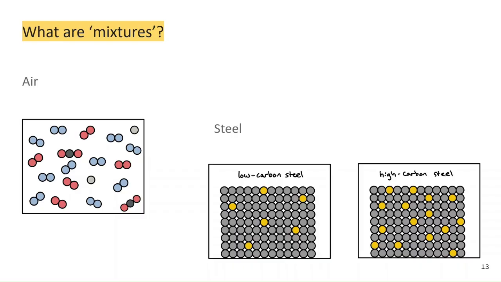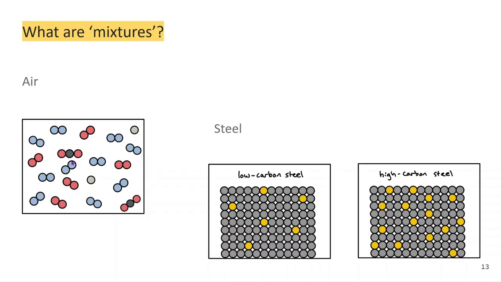So they both contain a number of elements, right? Each color is an element, right? Air has these different compounds, whereas steel has these, it would be iron and carbon, right? Air would be like nitrogen and oxygen and argon, and even some CO2 is in here.